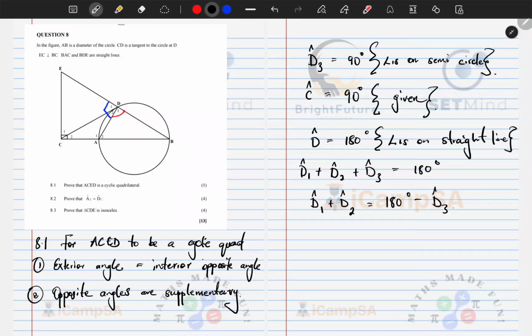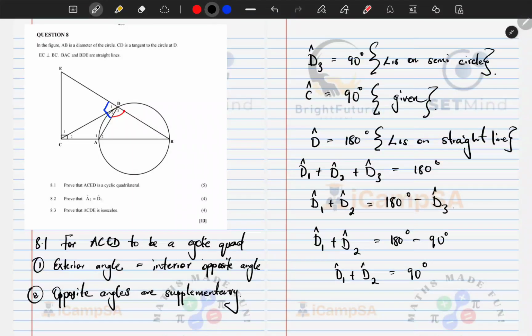Remember, D3 is equal to 90. So D1 plus D2 is going to be 180 minus 90, and now you have D1 plus D2 equals 90 degrees.